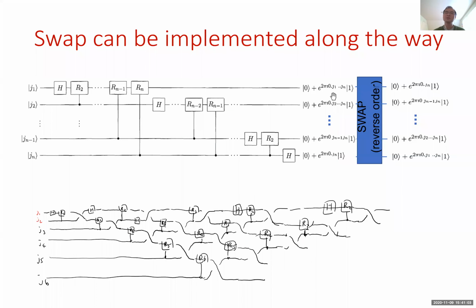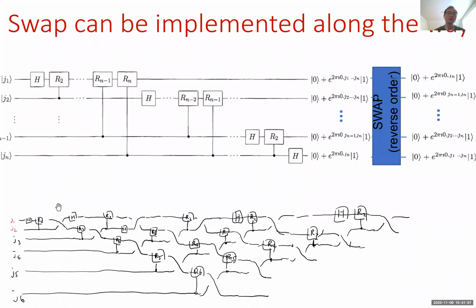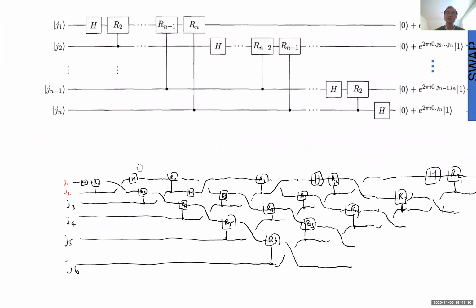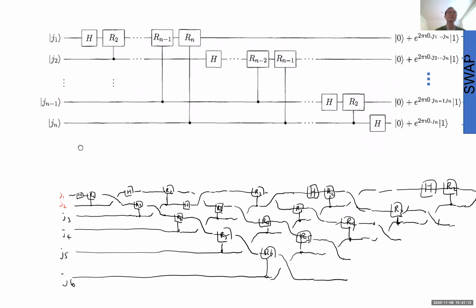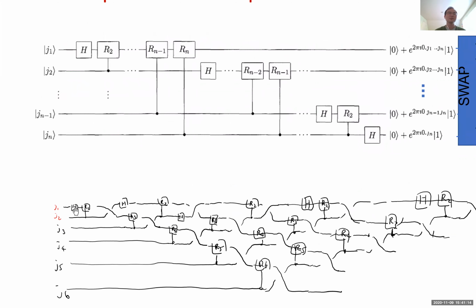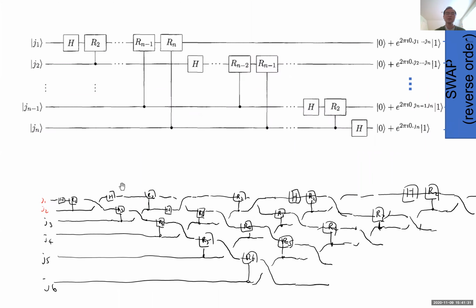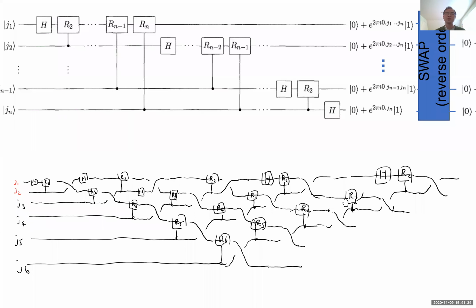But these swaps, you don't need to do at the last step, you could do them along the way. So I drew this. It's not easy for me to draw this, but you could do the Hadamard and then control, and then you swap. So the crossing here represents just the swap, a physical swap. Maybe this line just goes here. J2 would have a Hadamard, right? So this Hadamard is here. And you do this this way. In the end, you need to swap back.